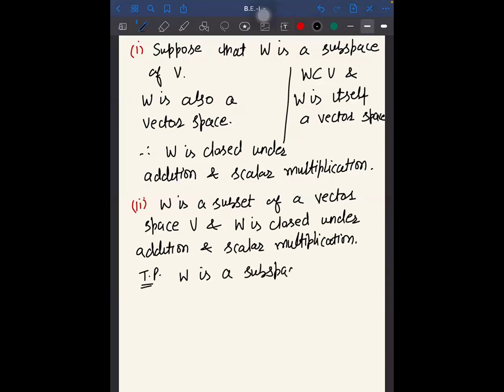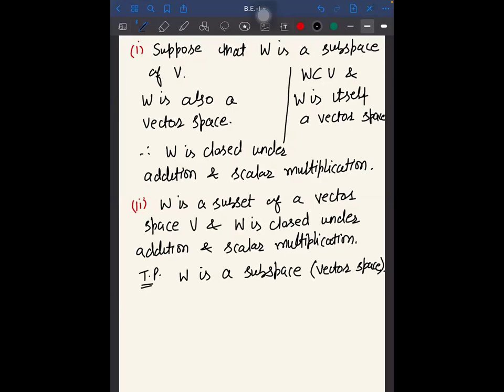It is already given that it is a subset. We need to prove that it is a subspace. A subspace is something more than a subset. What extra does it possess? It should be a vector space, right? So we want to prove that W is a subspace. That means in general we want to prove that W is a vector space. Are you with me on this? Yes, sir. Now sir, the problem is it satisfies only two properties, and the rest of the properties should be proved by us.